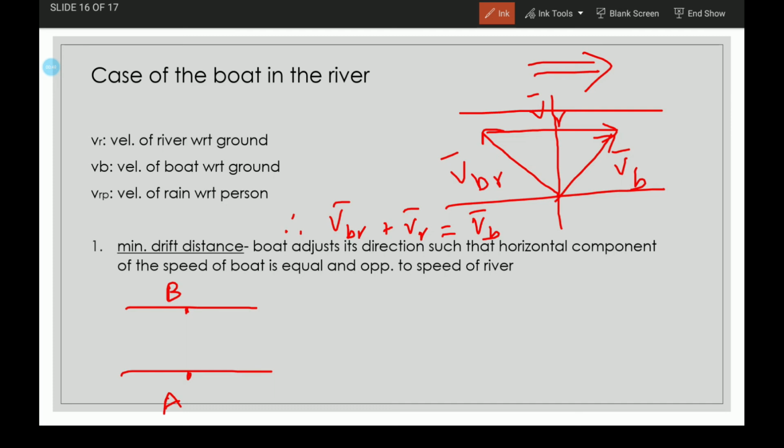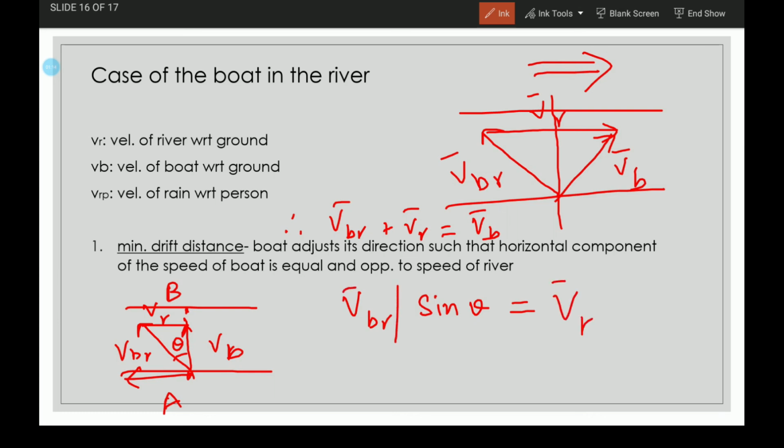So the boat adjusts its direction in such a way that the horizontal component, let us draw, this is VR, VBR, and this is VB, let this be angle theta. So VBR sine theta, that is the horizontal component, should be equal to the velocity of the river, magnitude wise. Thus only the vertical component is left and there is no drift.